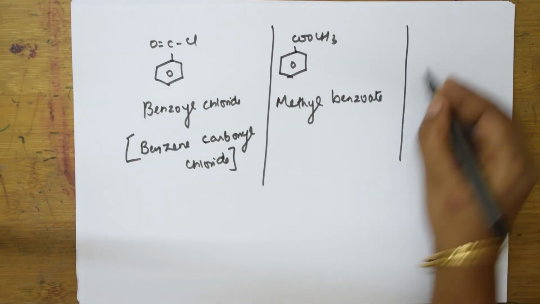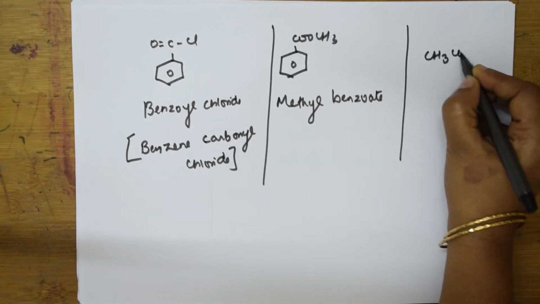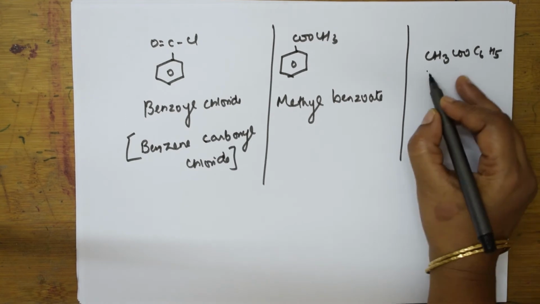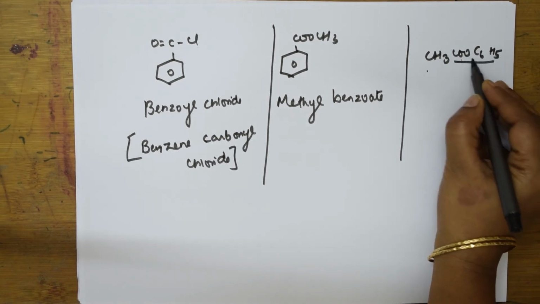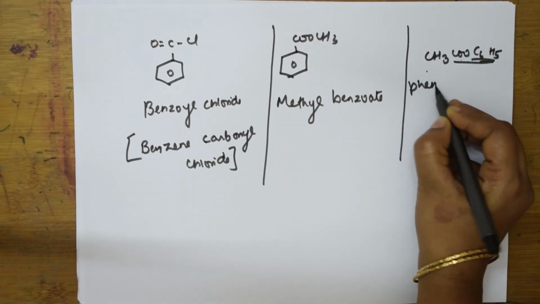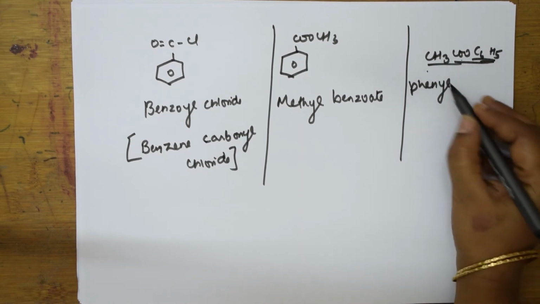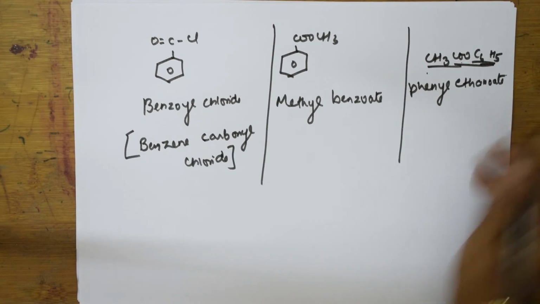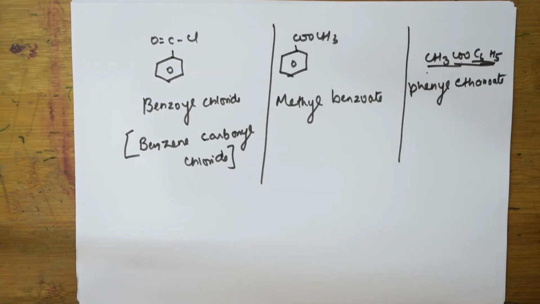Now one more. If I take a benzene ring like this, it is called phenyl. This is phenyl. What is this group? Ethanoate. Correct? Yes, phenyl ethanoate. Right.